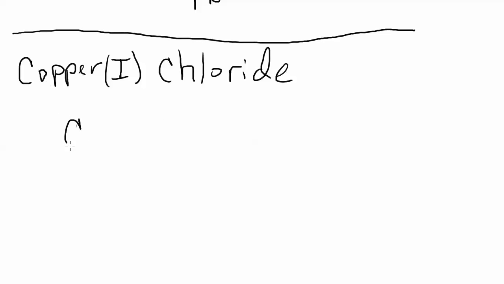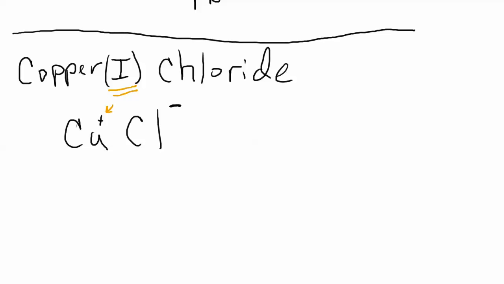Well, I know that copper is Cu, and I know that chloride is Cl. I know that the charge of chloride is -1. Well, the charge of copper in this compound, again, is indicated by this Roman numeral. So the charge of the copper in this compound is +1. The Roman numeral tells you the charge. And so then I just use the normal rules for forming a formula. The charges have to equal 0, and in this case they do.